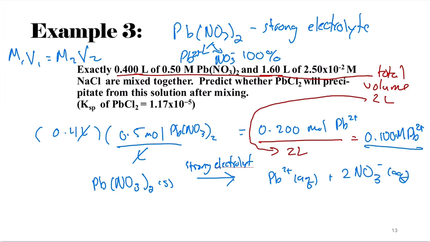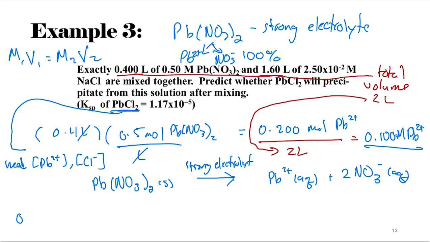Chlorine, right? Because our solid is lead chloride, right? So we want to find the concentration of chlorine, right? So since we're looking for lead chloride, we need the concentration of lead and the concentration of our chlorine ions. And so we use the sodium chloride concentration to get that, right?